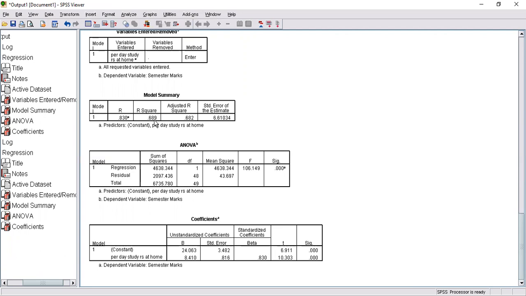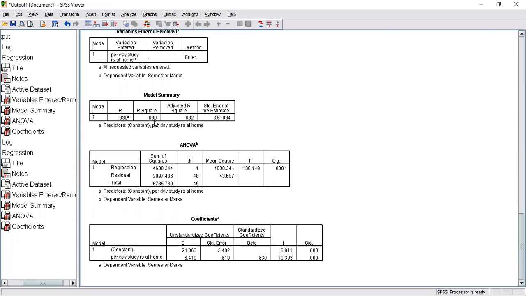Now, if you see the two variables jointly, they are explaining more than 100% of the variation, which is illogical. So what is happening? Some of the variation is being shared by both of them commonly.